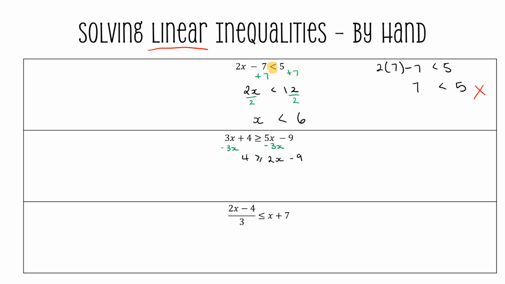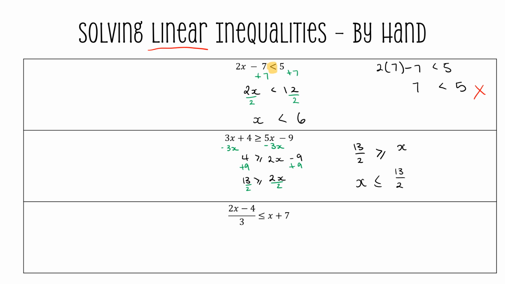I'm then going to add 9 to both sides, giving me 13 is greater than or equal to 2x, which means that if I divide them both by 2, I'm going to have 13 over 2 is greater than or equal to x. And if I wanted to read that as x is something, I would then just swap it around. So it'd be x is less than or equal to 13 over 2, and those two mean the same thing.